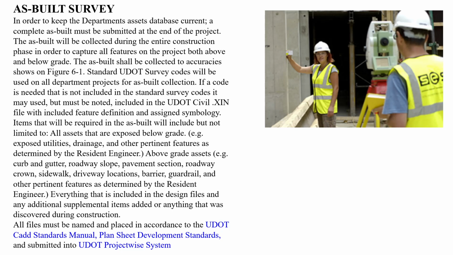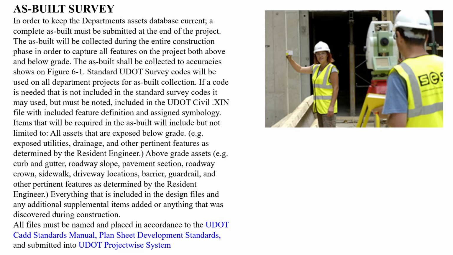If a code is needed that is not included in the standard survey codes, it may be used but must be noted and included in the civil XIN file, which includes feature definition and assigned symbology.